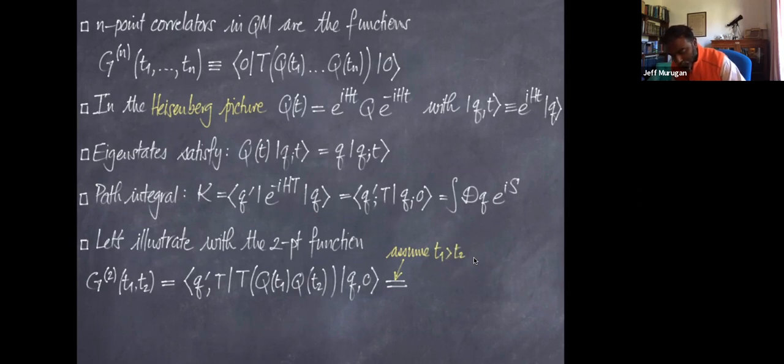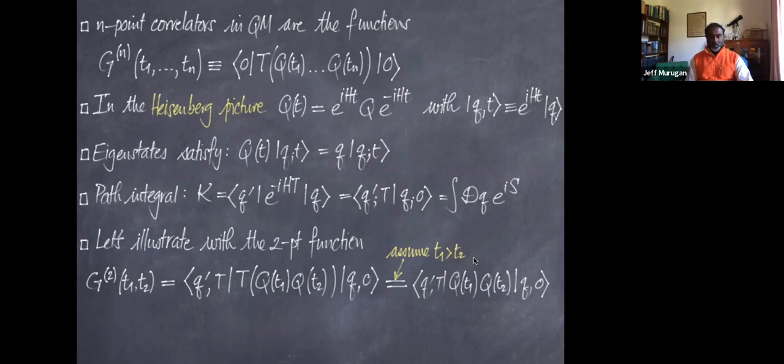If t1 is greater than t2, then I can immediately write that this is just <q', T| Q of t1, Q of t2 |q, 0>. Okay. And that's because of the time ordering operator, and we know how it acts.